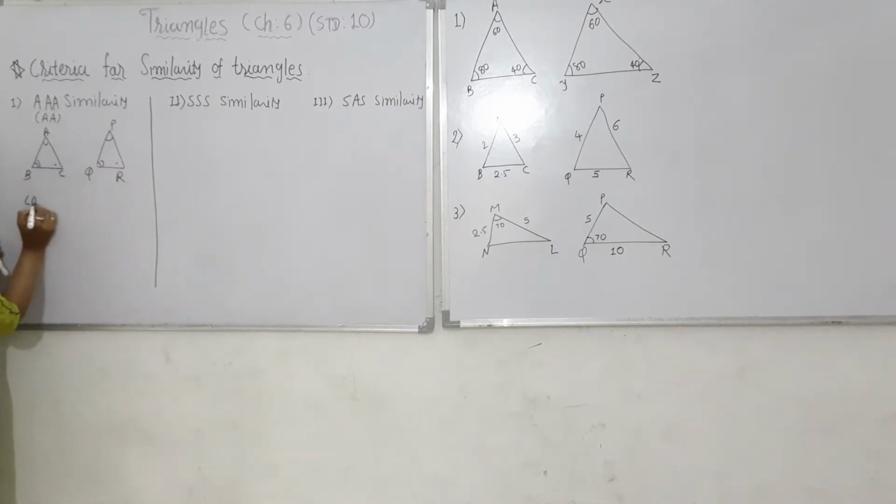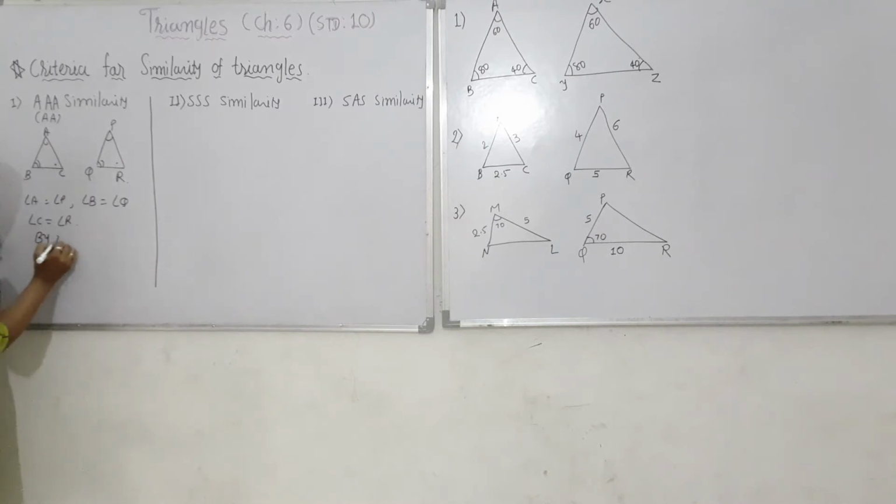That means angle A is equal to angle P, angle B is equal to angle Q, and angle C is equal to angle R. According to our definition, corresponding angles are equal and corresponding side ratios are equal, but here we don't know about the sides. But if you know just the corresponding angles are equal, then by the AA similarity criterion, you can say these two triangles are similar.